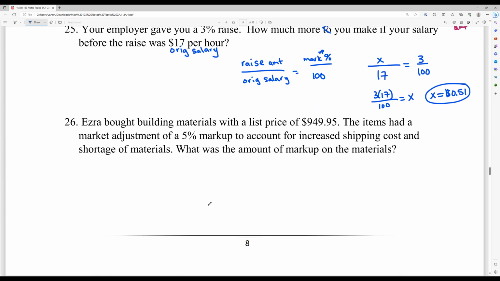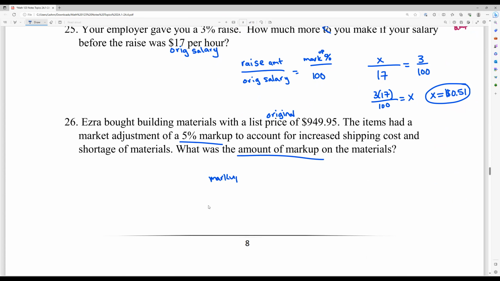It says Ezra bought building materials with a list price of $949.95. So that's the original price, what they got it for. The items had a market adjustment of a 5% markup to account for increased shipping costs and shortage of materials. What is the amount of the markup? So we're just wanting to know, what is that markup amount?